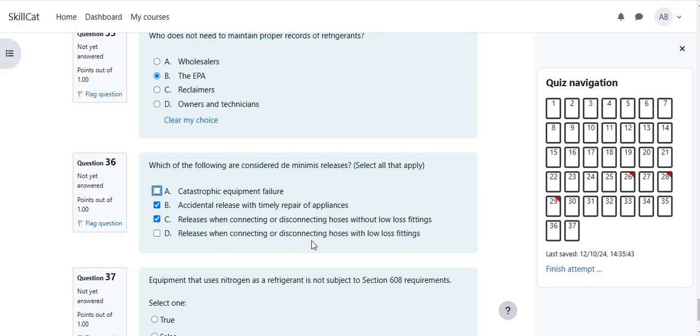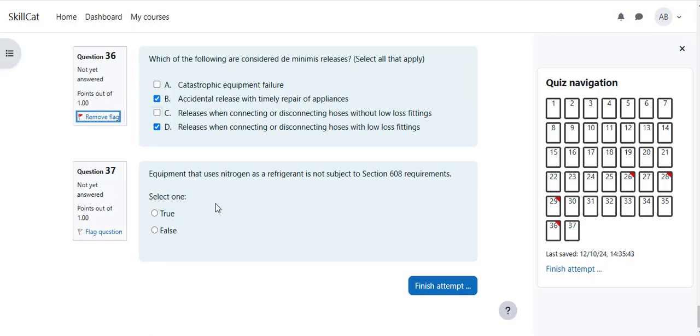Okay. No. I'm not sure about this one also. Equipment that uses nitrogen as refrigerant is not subject to Section 608 requirements. Yeah, finish attempt.